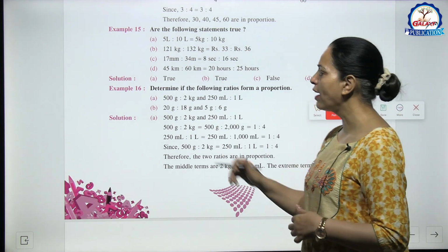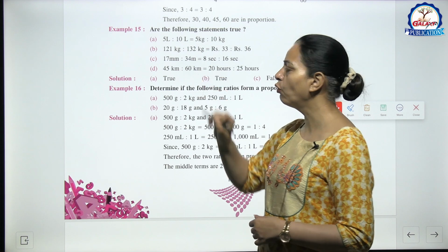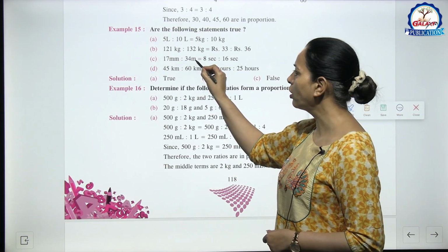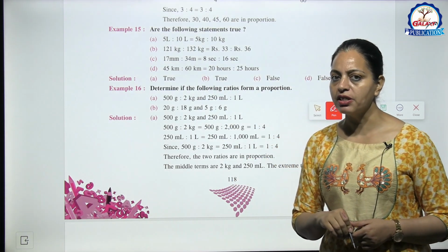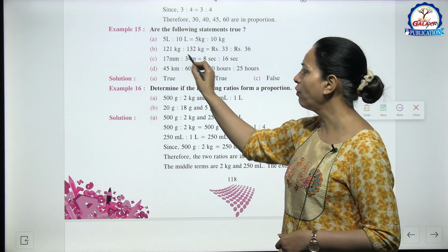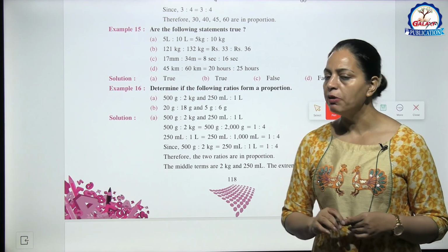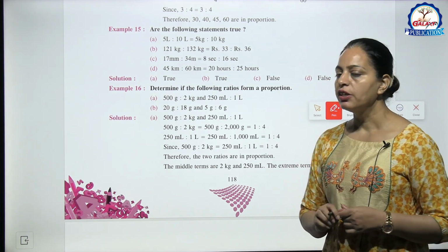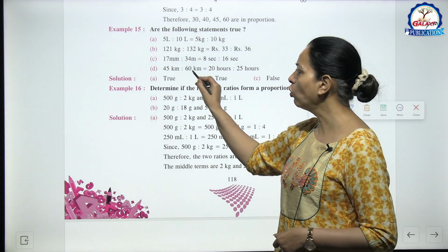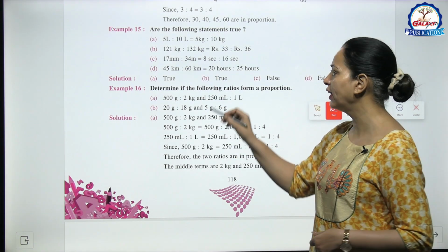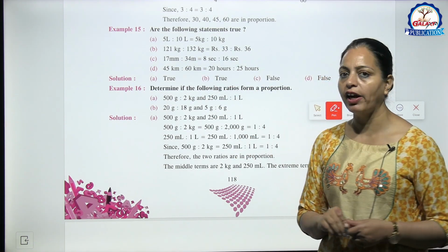See now, C part 17 millimeter is to 34 meter. So first of all convert meter into millimeter. Okay, then we can find out the result and then compare it. So these are not same. So the answer is false. Now D part 45 kilometer is to 60 kilometer and then 20 hours is to 25 hours.